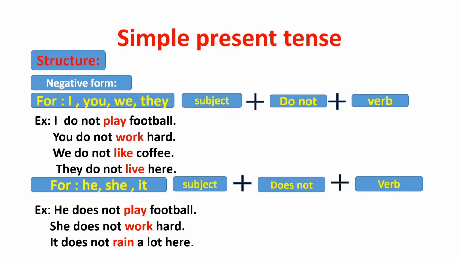So remember, when you're using auxiliary verbs to change the sentence into negative or question form, then just use the base form, not s or es. She does not work hard, or it does not rain a lot here.